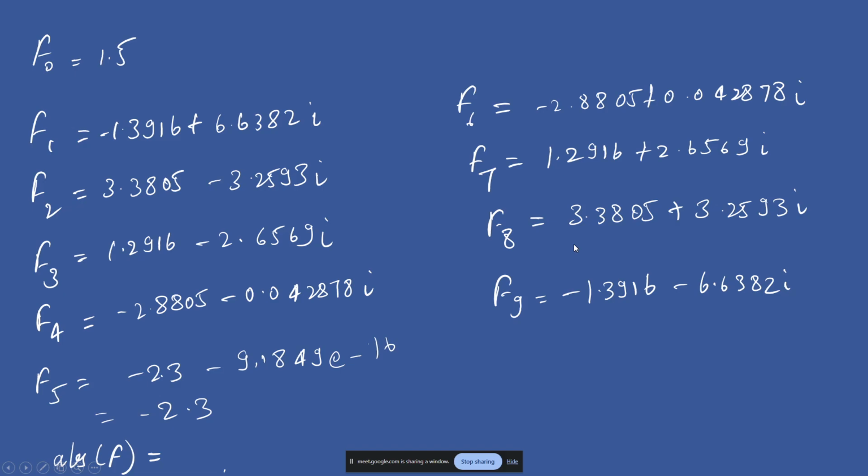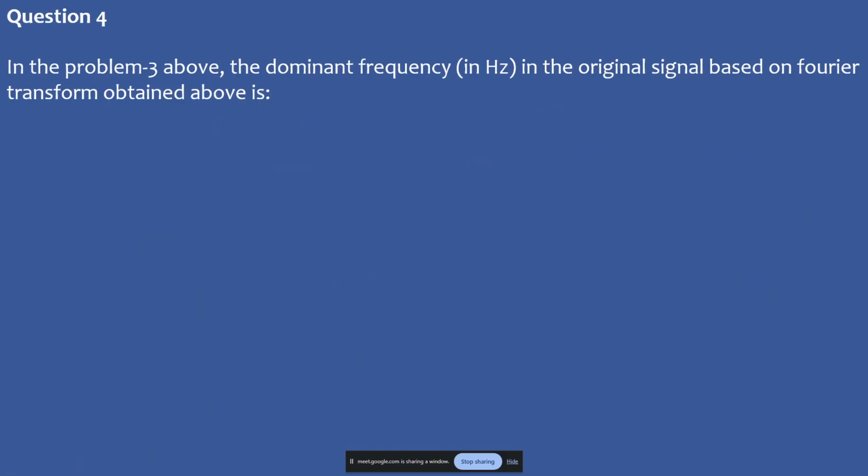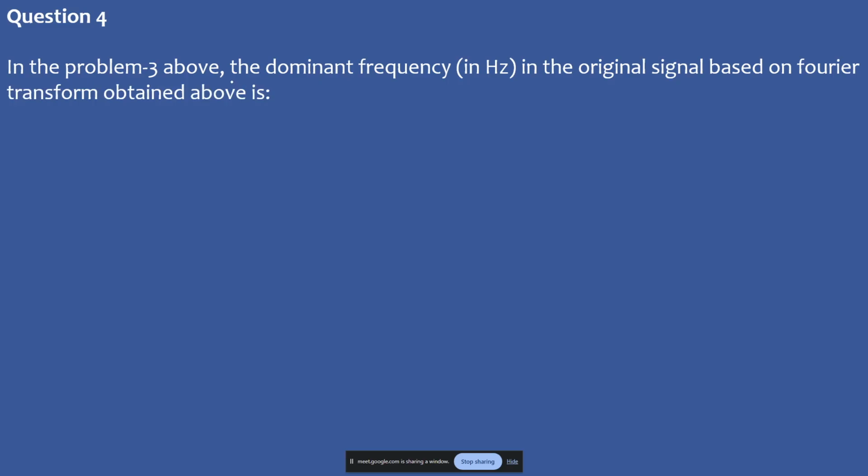Okay, if there's no doubt, let's move to the last question. So the last question is a one value answer, and that too based on the third question. So you need to evaluate what is the dominant frequency. So what do you mean by dominant frequency?